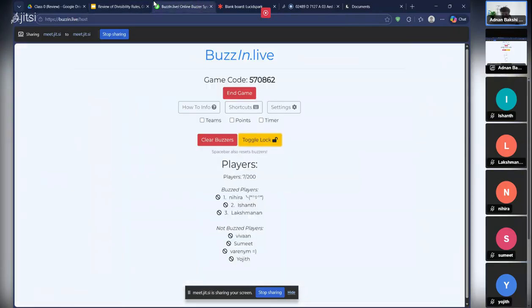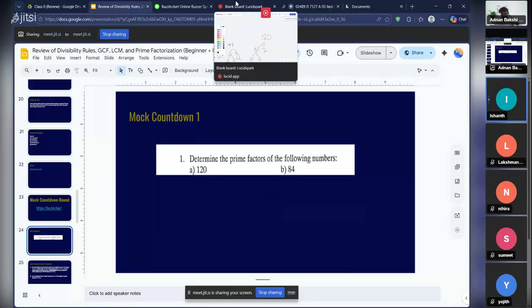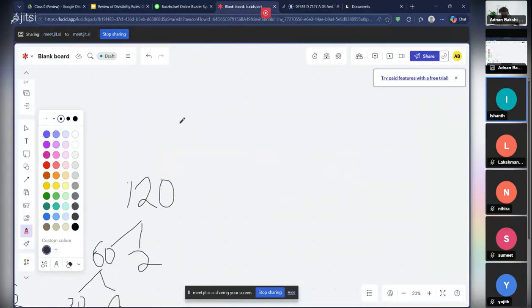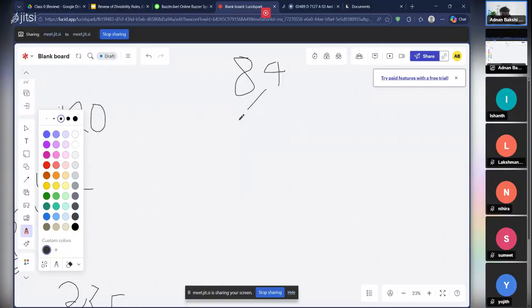Who buzzed second? Ishant, could you tell us what you got for B? I got 2 times 2 times 7 times 3, which is 2, 7, and 3. Okay, let's check. 84 would be 42 and 2.